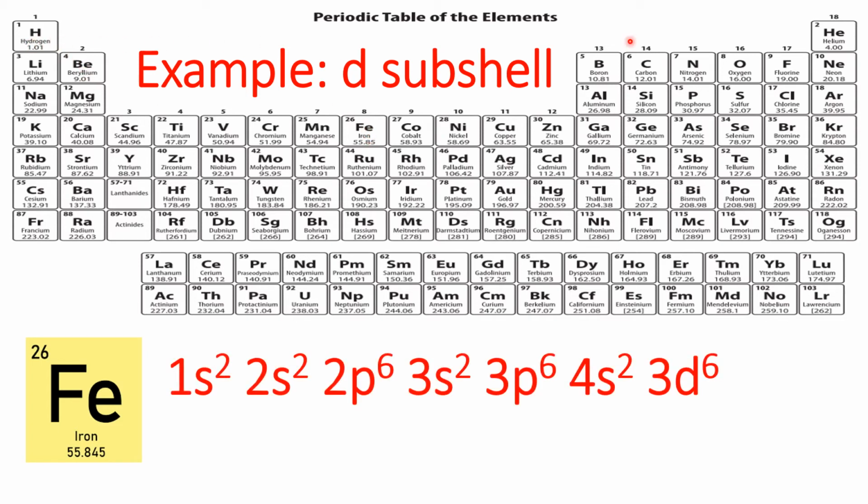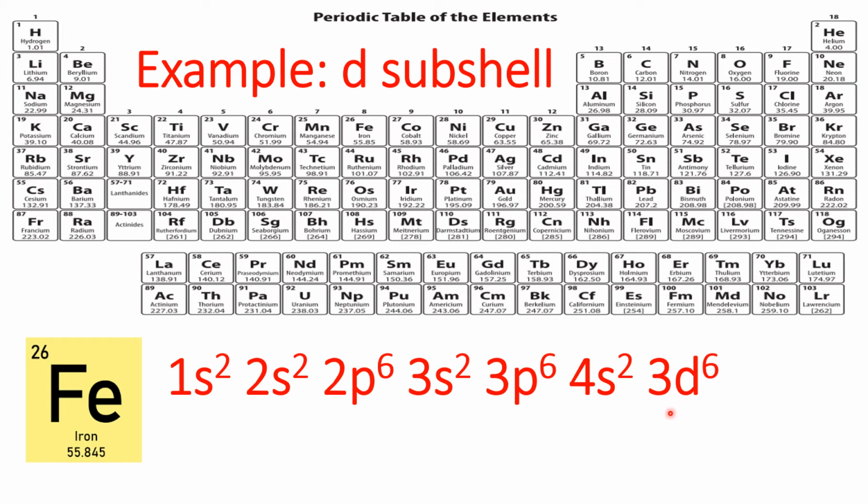This will be your 1s2, 2s2, 2p6, 3s2, 3p6, 4s2, and 3d1, 3d2, 3d3, 3d4, 3d5, 3d6. Now, for your d subshell, why is it not 4d6?